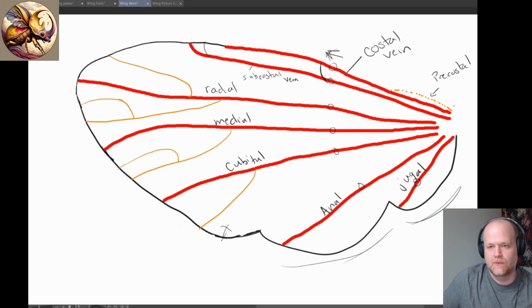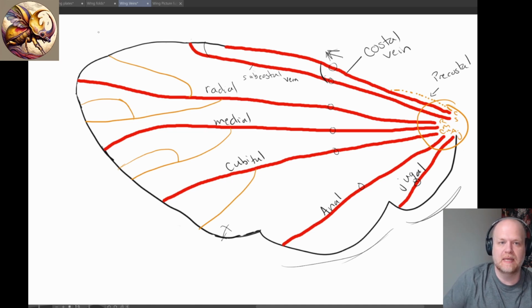Veins are named from the base out, because the bases will always remain the same. So you will have the costal vein, the subcostal vein, the radial vein, the medial vein, the cubital vein, the anal vein, and the jugal vein at the base of the veins.